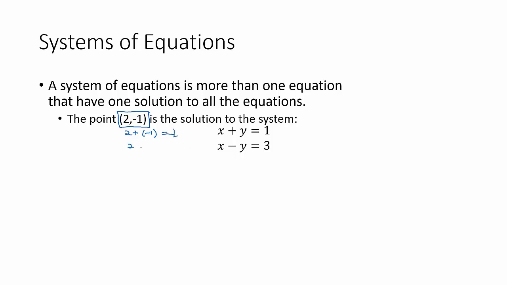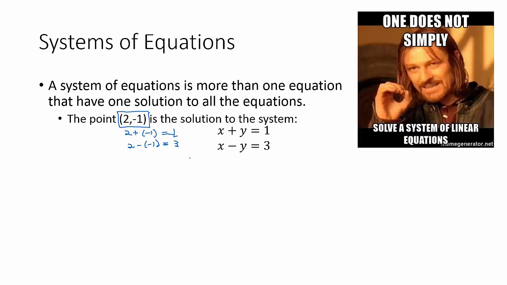And if we subtract them, 2 minus a negative 1, we get 3. The point (2, -1) is the unique solution to both of these equations at the same time. While one equation has an infinite number of solutions, the two together only have one. And that's what we're going to try and find.